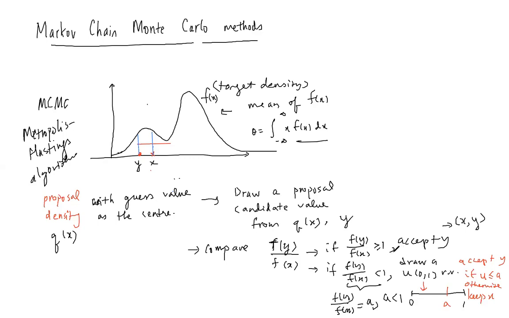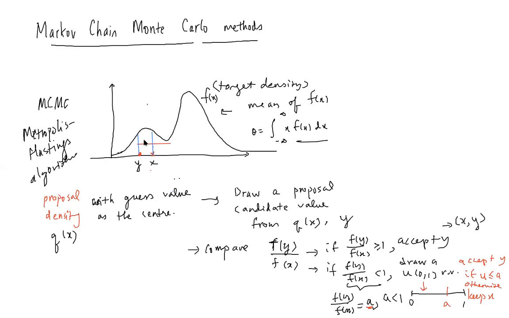If it exceeds 1, your proposal value is accepted and added to the sequence of simulated values. Otherwise, you have to draw another random value between 0 and 1 to make a decision. Okay, and that decision will depend on what the value of A is. If your A is very small, then the chance of accepting it will be small, right? And so on.